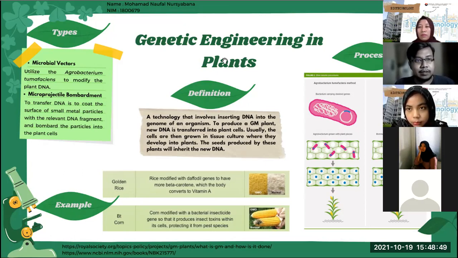Next are the types of genetic engineering in plants. The first is by using microbial factors. This is considered the natural way to modify the genetics of a plant, because we utilize Agrobacterium tumefaciens.